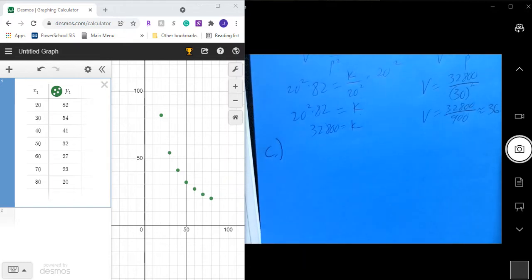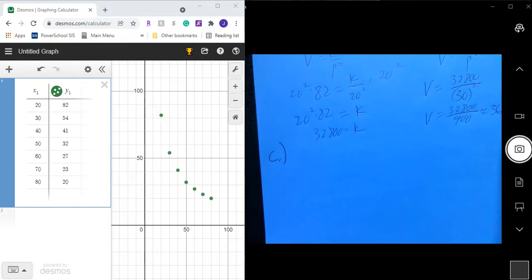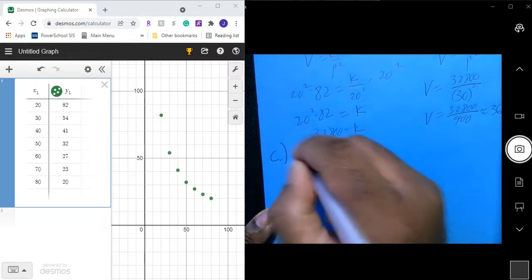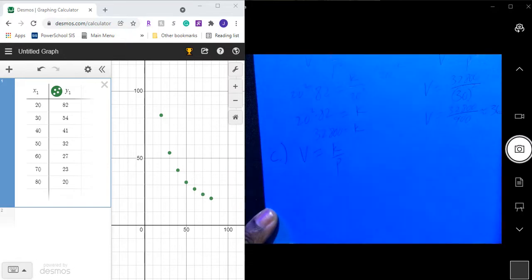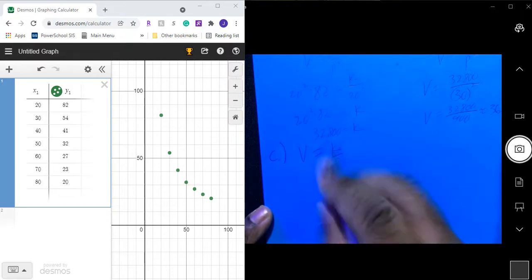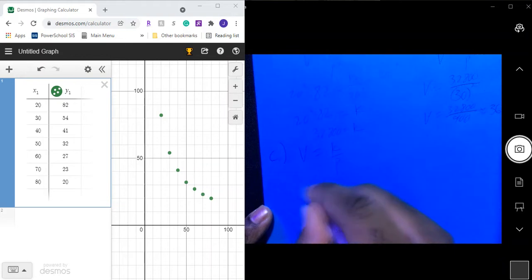Okay, C says another possible model for the data is that V varies inversely as P. Does V equals K over P model the data? Okay, let's take a look at that. So we have V is equal to K over P. We could pick those same values where P is 20 and V is 82. So we would have 82 is equal to K over 20.